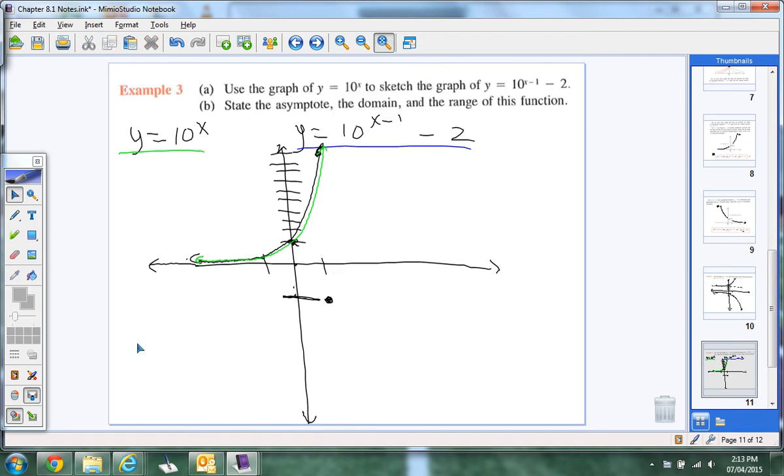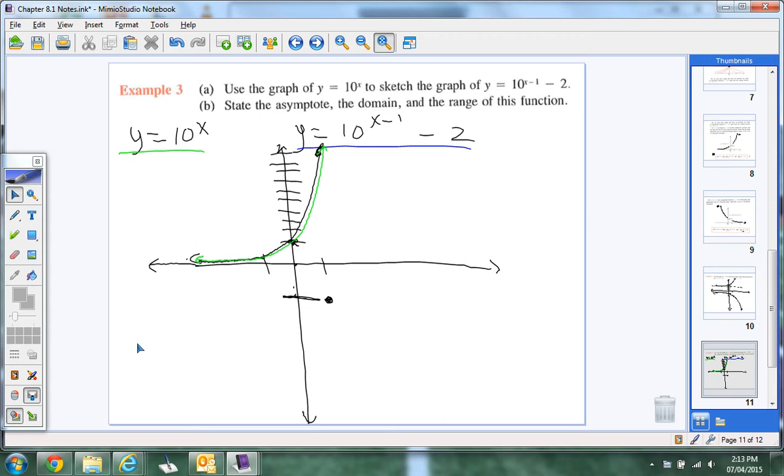It moved to the right because, how do I make this 0? I put a 1 here, right? So putting a 1 here moved it positive 1. If we put a 0 in here, that's now a negative 1. So where is negative 1 usually at? That's to the left one.